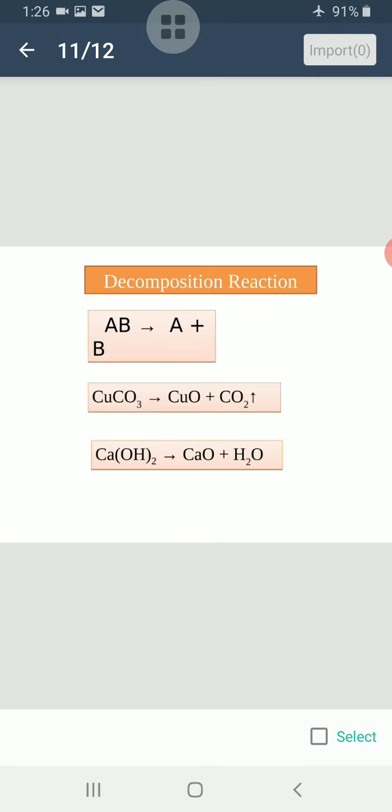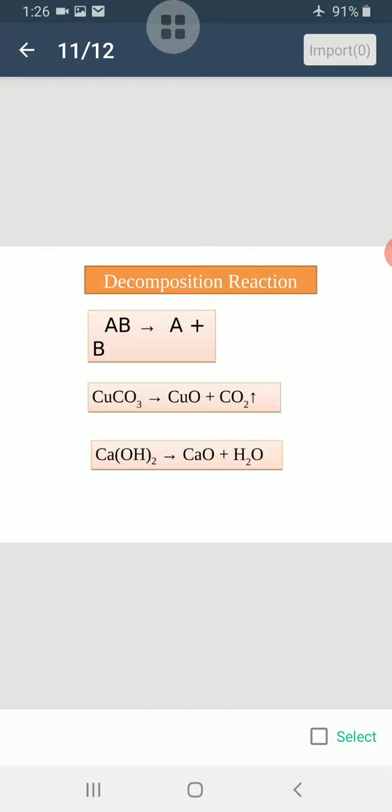So we can see that when an electric current is passed through water in which a little sulfuric acid has been added, then the water decomposes to give hydrogen and oxygen gas. So these are the examples of the decomposition reaction.